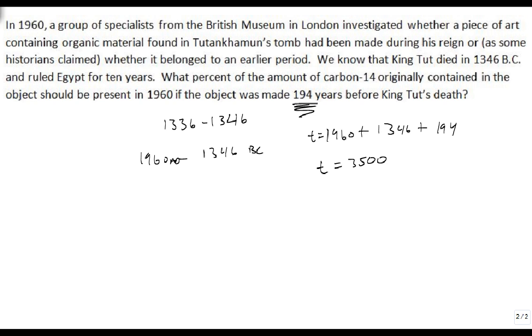So now we just go back to that earlier formula. A of 3,500 is equal to A naught, which is what we don't know, times e to the minus k, where we've got a k up there already, times 3,500. Knowing this, all we have to do is evaluate this piece right here.